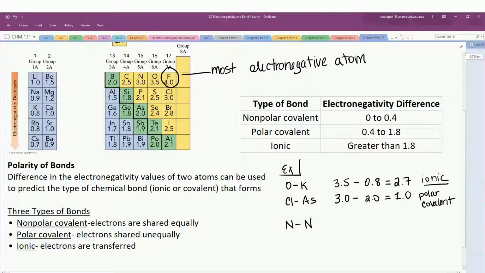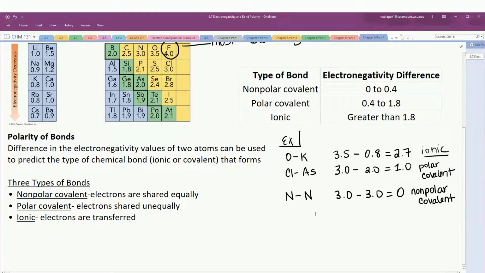Nitrogen and nitrogen. In this case, nitrogen has 3.0 and nitrogen also has 3.0, so you're subtracting the same thing. That gives us a difference of 0 for electronegativity. Nonpolar covalent, since it's between 0 and 0.4. Right, last example, phosphorus and bromine.